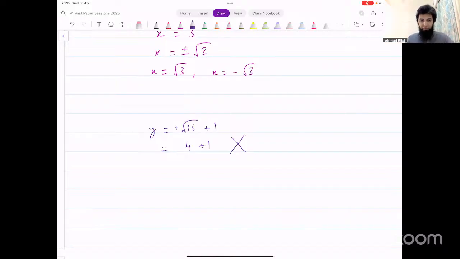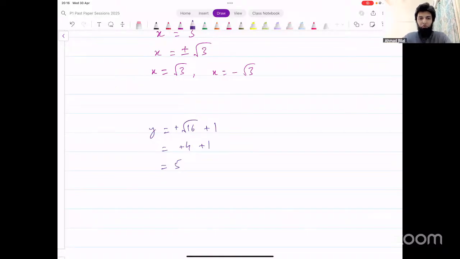So when you take the square root of this, you just leave it as plus 4 plus 1, and that will be just 5. When you take square root yourself, you put plus minus. When the square root is already there, it would have either a plus with it or a minus with it. You just consider that same sign that is there.